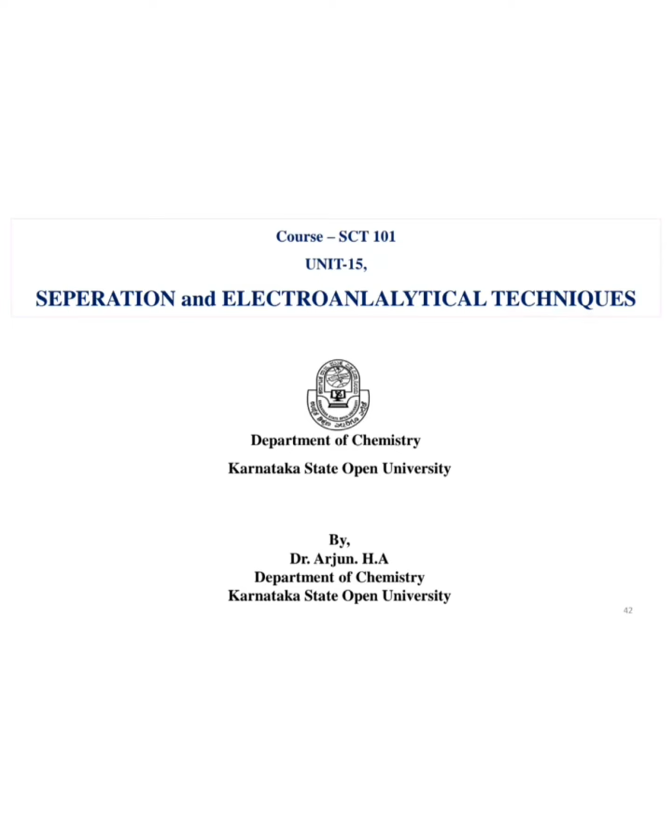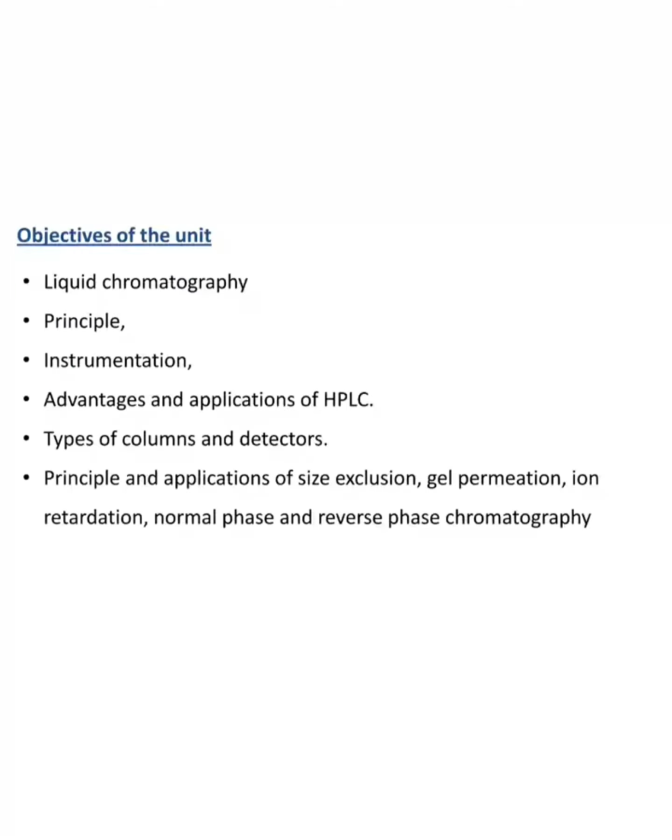Today we are going to discuss HPLC, which is known as high performance liquid chromatography. HPLC is also a liquid chromatography, where a new technique was named high pressure or high performance liquid chromatography.